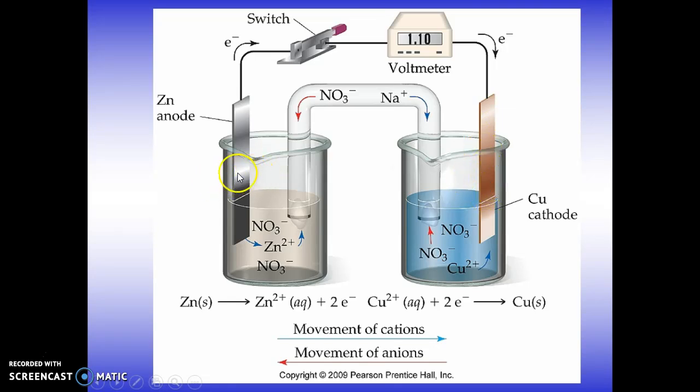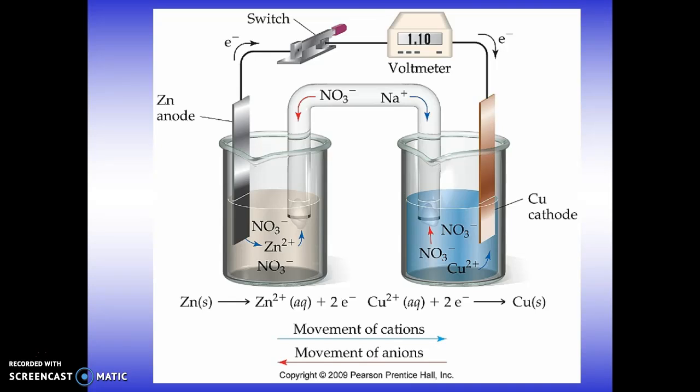So the metal itself, the atoms in the metal, are going to be participating in the half reactions. Notice also that you have a solution containing zinc ions that complement the zinc electrode and copper ions that complement the copper electrode. We also have anions, obviously, in order to keep the solution neutral.